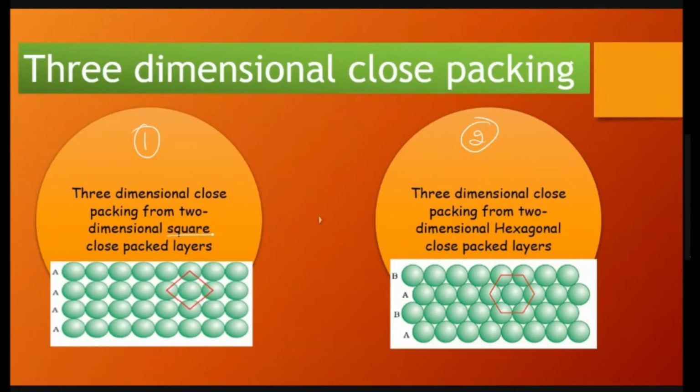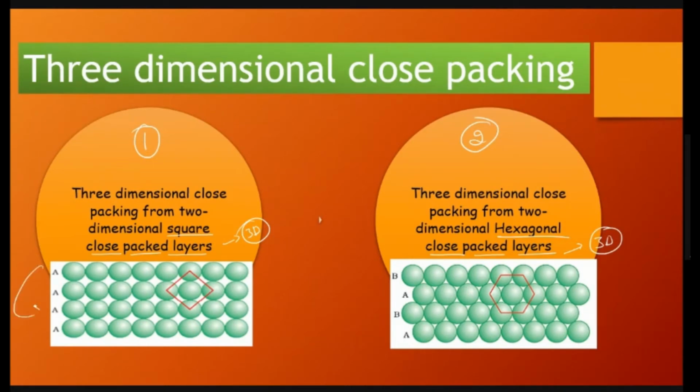So we are using the square close packed layers to form a 3D structure. The second type is to form a 3D structure by using hexagonal close packed layers.